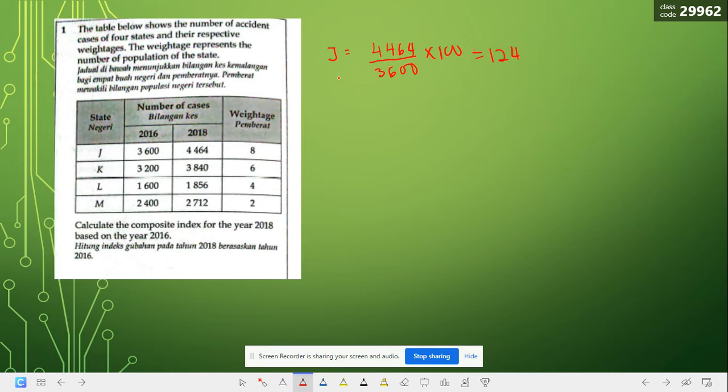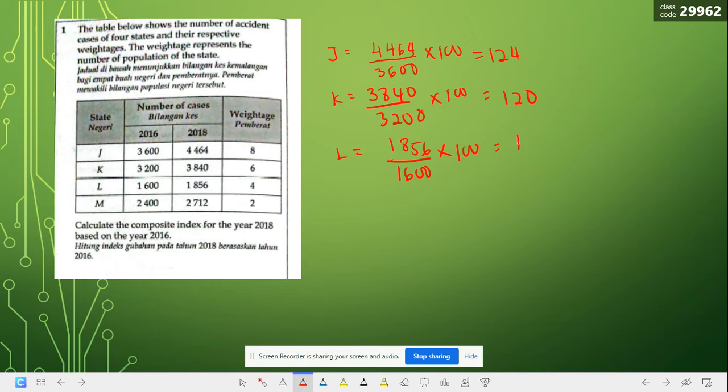Okay, so K is 3840 divided by, so you get 120, and for L is 1856 divided by 1600 times 100, you will get 1856 divided with 16.